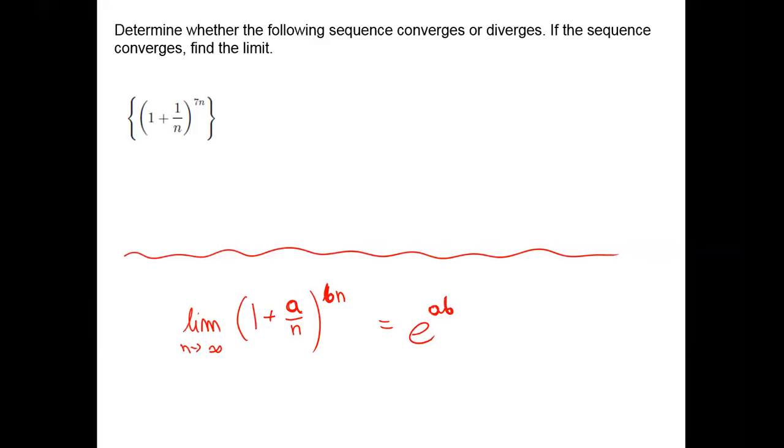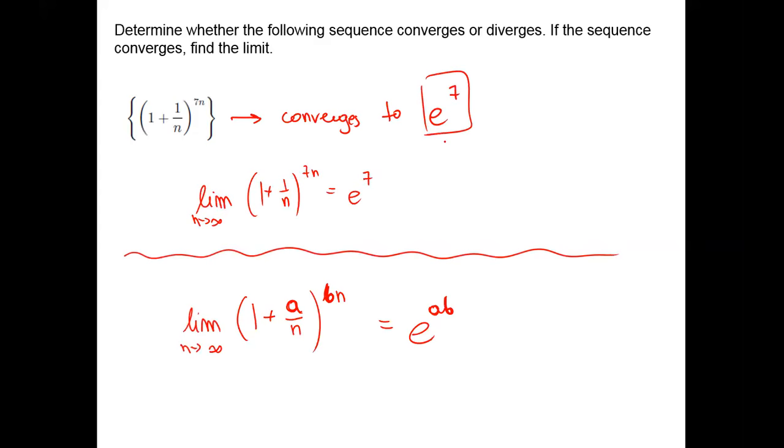That means the final answer will be e to the power of ab. We can see right away that this sequence converges to e to the power of 7, which I can just confirm, since the limit at infinity of that form is e to the power of 7.